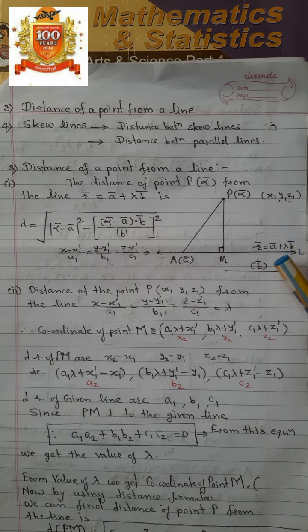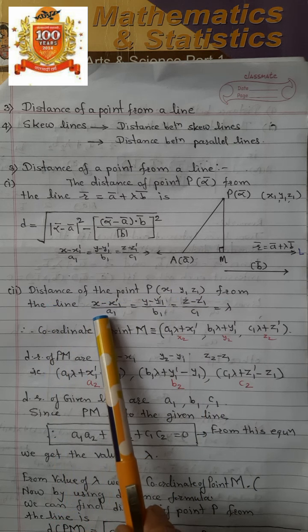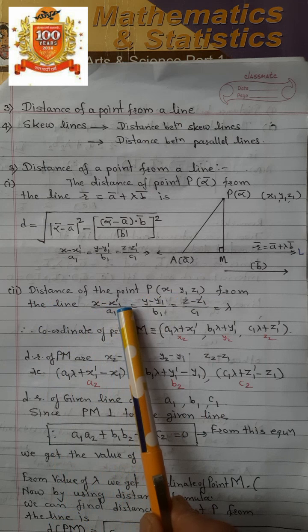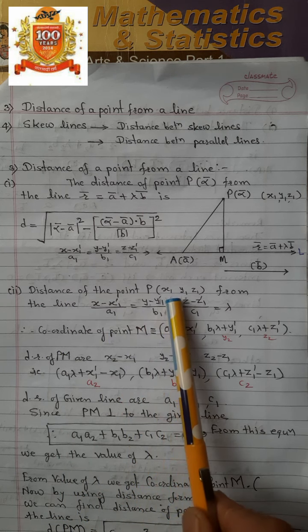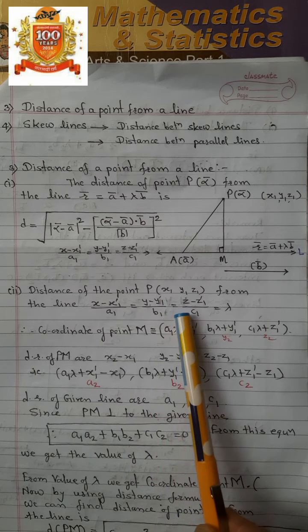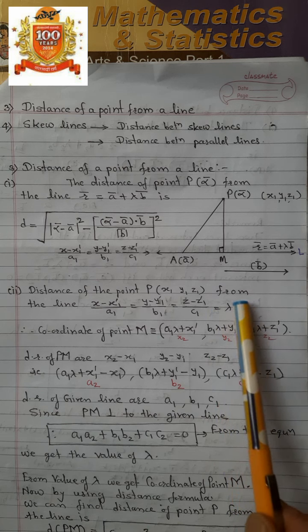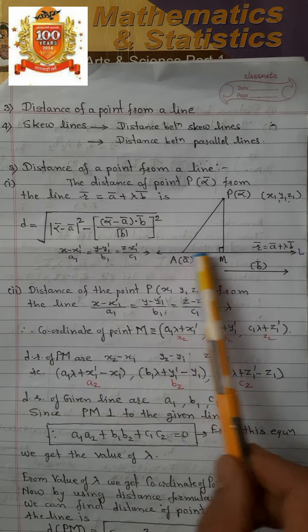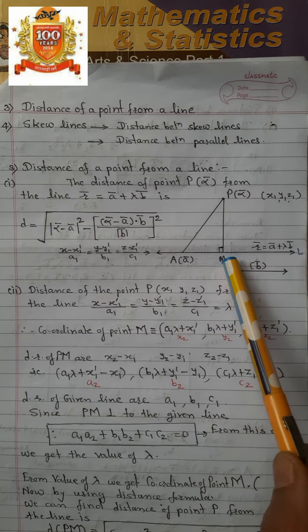Now when the equation of line is given in Cartesian form, then how to find the distance of a point P from the given line? Distance of a point P x1, y1, z1 from the line (x minus x1 dash) upon a1 is equal to (y minus y1 dash) upon b1 is equal to (z minus z1 dash) upon c1 is equal to lambda. This is the Cartesian equation of this line. We have to find the distance PM, isn't it?